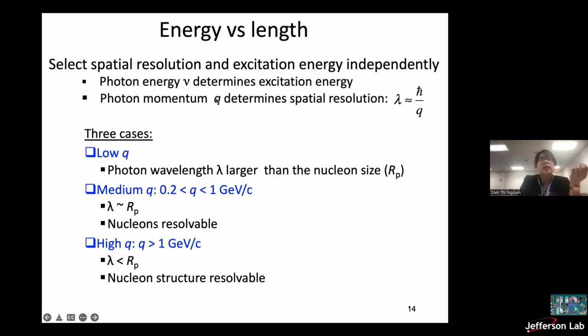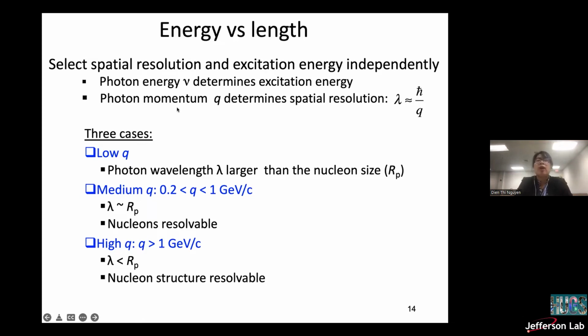So in terms of the virtual photon, you can also calculate the wavelength of that virtual photon from this equation. And depending on the wavelength, or the value of Q, you will be able to access different resolution scales as I explained in the previous slide.